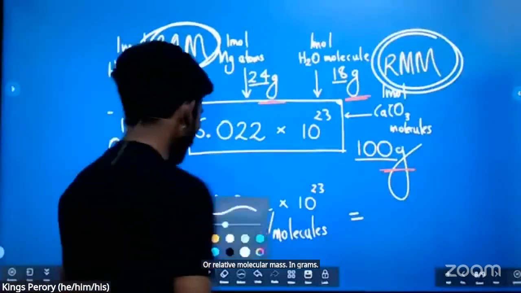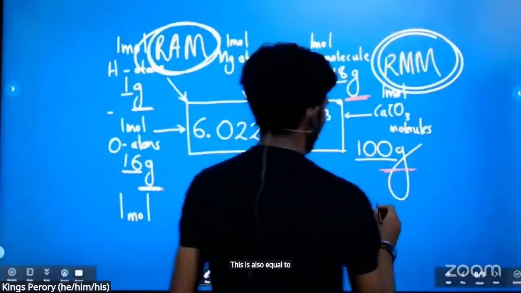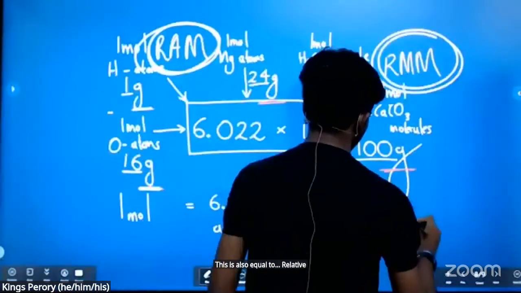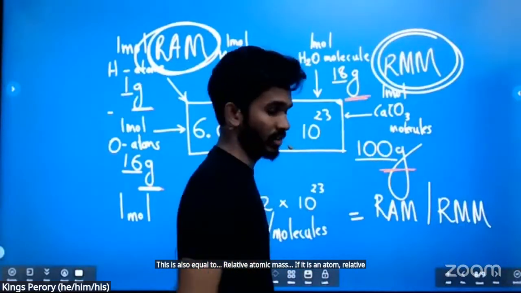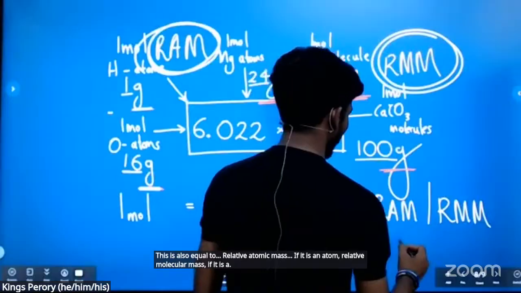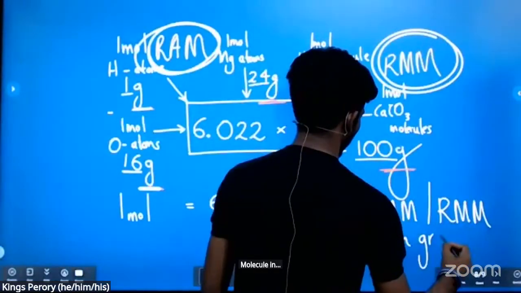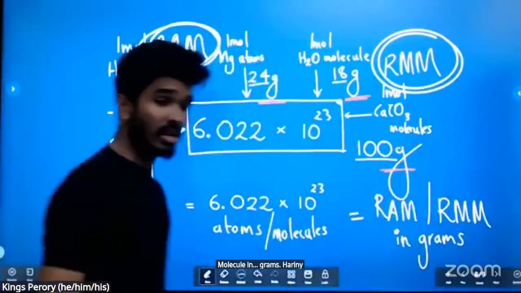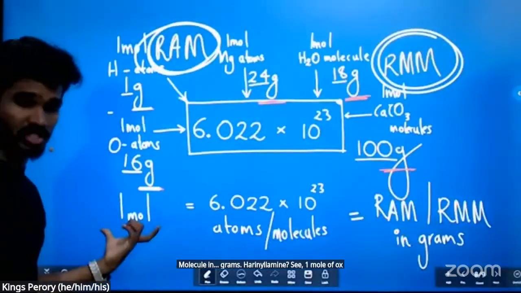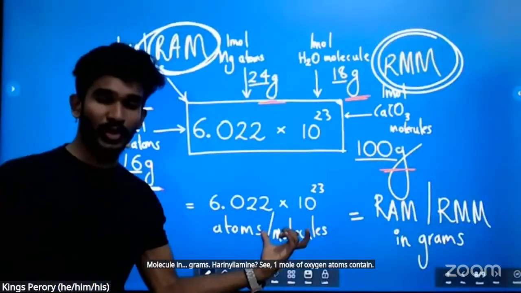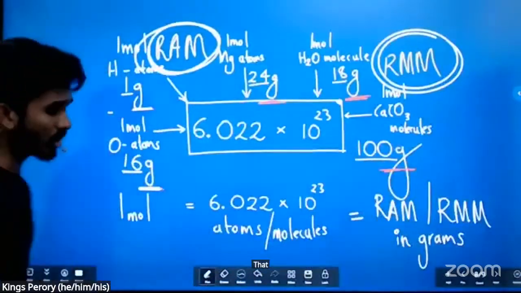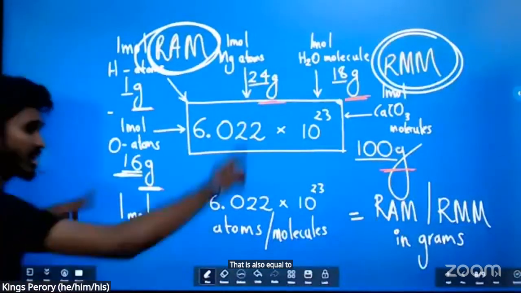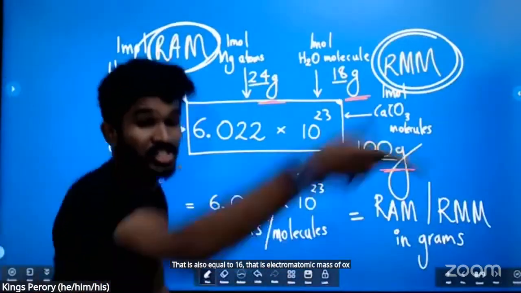Relative atomic mass if it is an atom, relative molecular mass if it is a molecule, in grams. For example, 1 mole of oxygen atoms contains 6.022 into 10 to the power 23 oxygen atoms. That is also equal to 16, the relative atomic mass of oxygen, in grams: 16 grams.